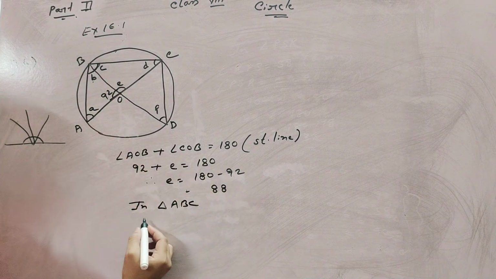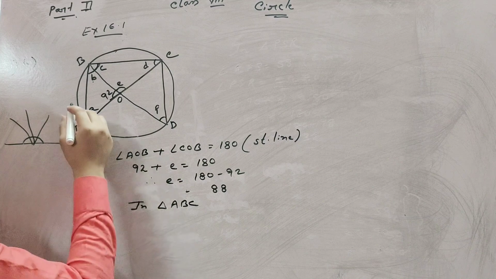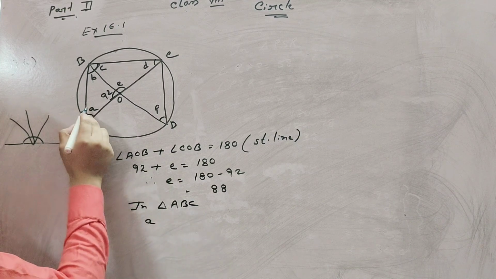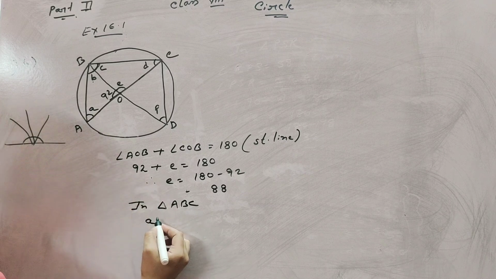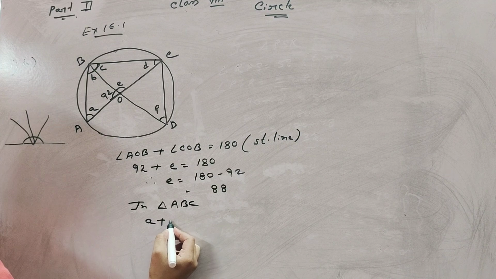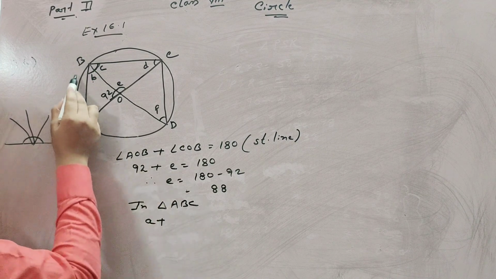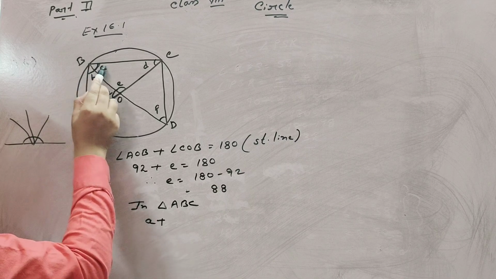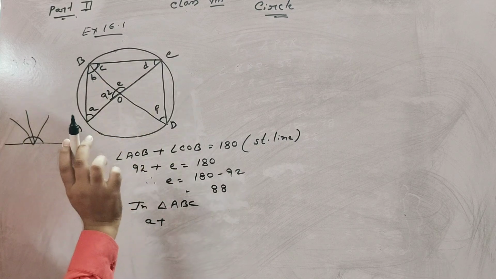We write down, so first of all here A, plus B, because this whole portion.